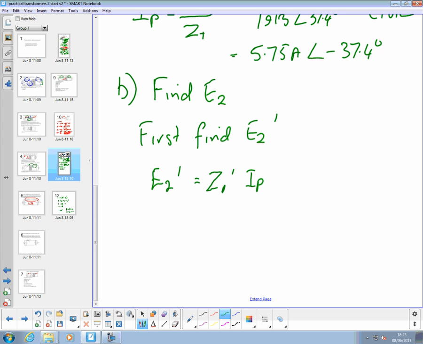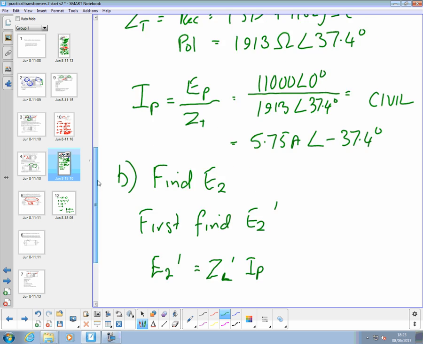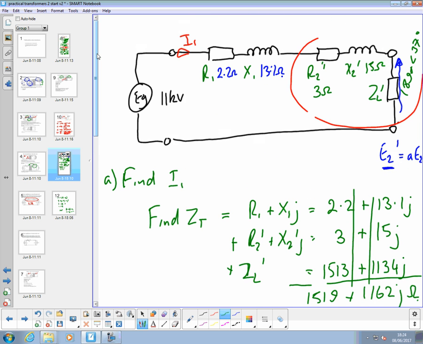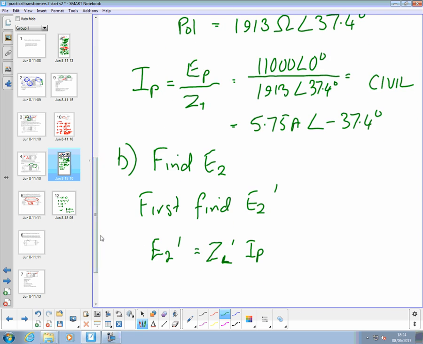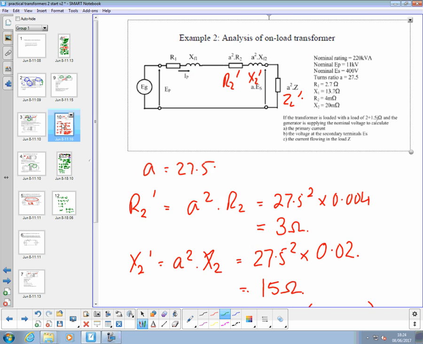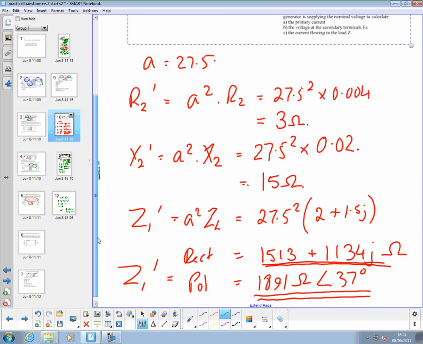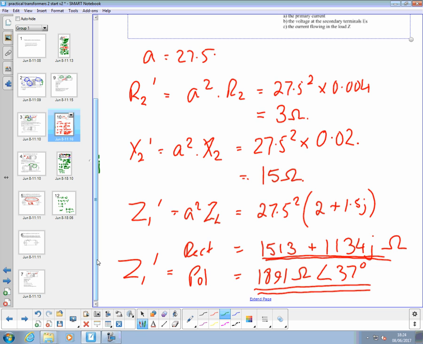ZL dash, sorry. This impedance here, just the impedance of the load transferred to the primary side. So you want this 1891 angle 37 degrees. Check it on here. ZL dash is 1891 angle 37 degrees.